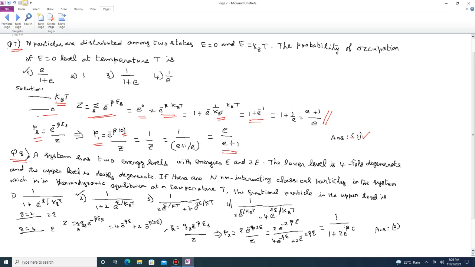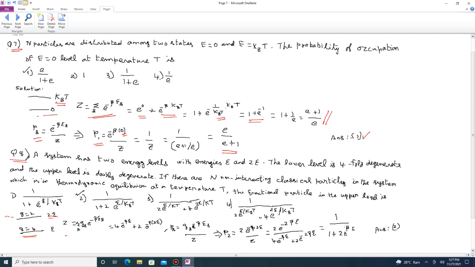If there are n non-interacting classical particles in the system, which is in thermodynamic equilibrium at a temperature T, the fractional particle in the upper level is... So the 4 options are given. Here the first level degeneracy is 4 and the energy is E. The second level is 2E, and the degeneracy is 2.